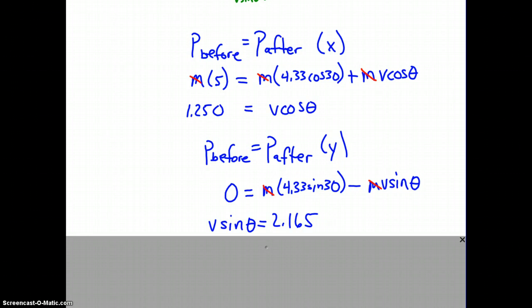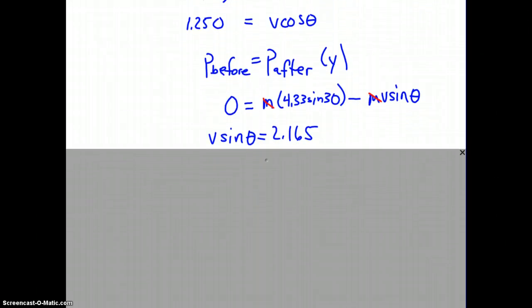So here we have two equations with the same two unknowns, v and theta, and we have an expression that has it equal to a number in both expressions. Any idea how we could solve this? Well, we've been down this road before in a different unit.